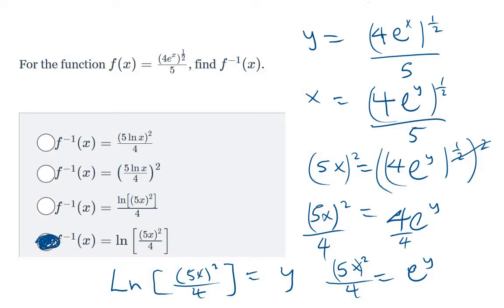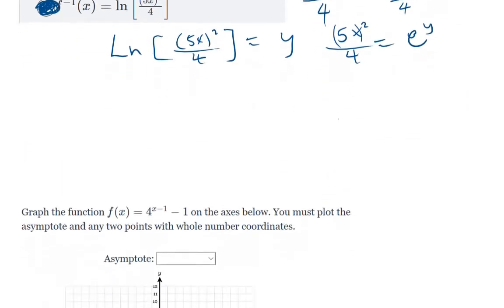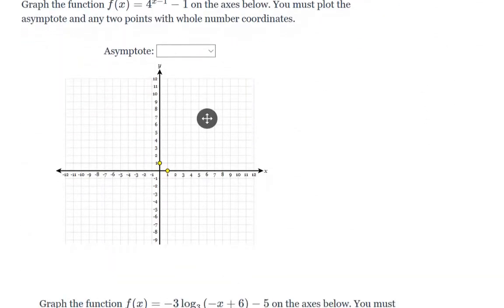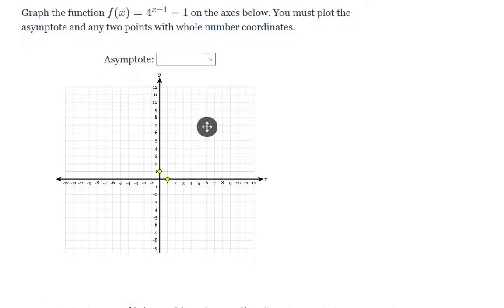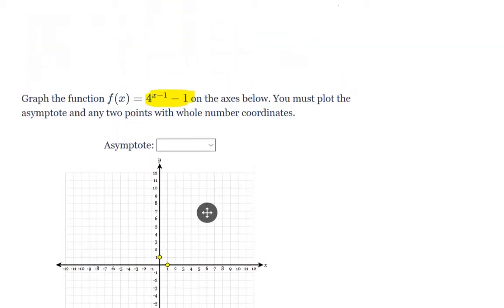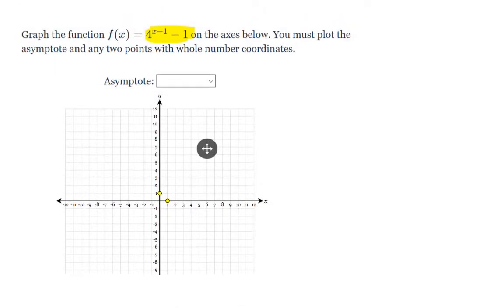And then there's another kind of problem where you have to graph. You have to graph this problem. So here is the example given here. You will recognize that this is an exponential function. Okay, it's an exponential function, and so if you graph the parent function of exponential function, it looks like this.